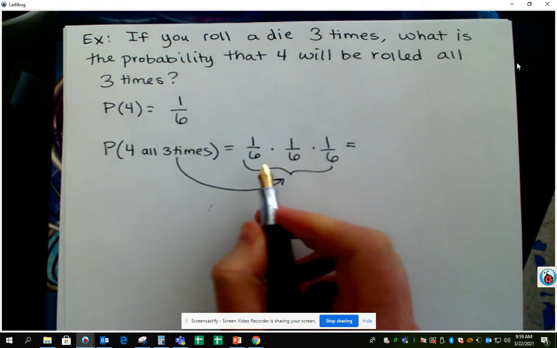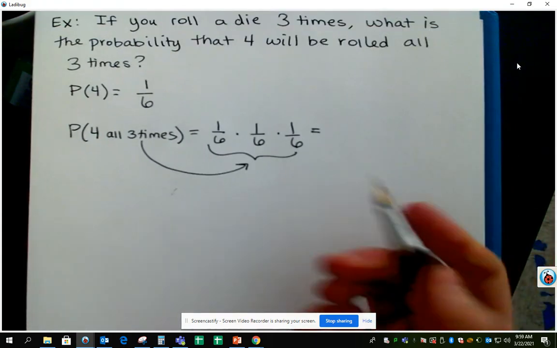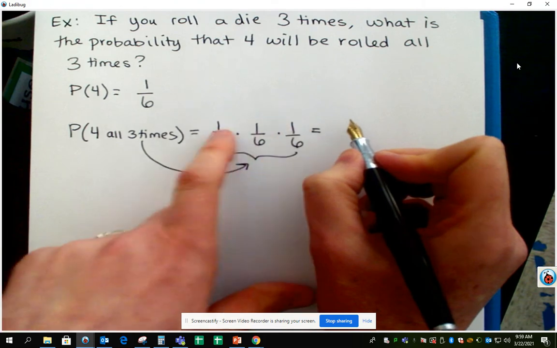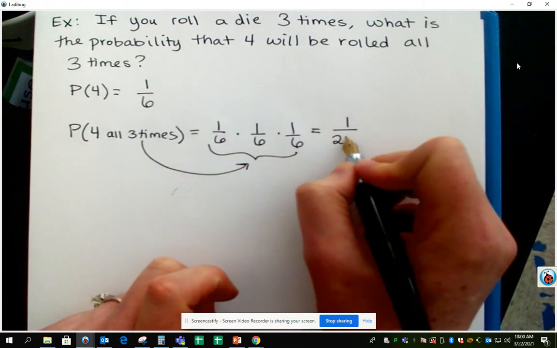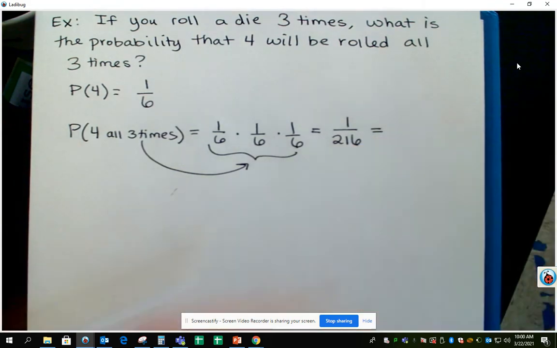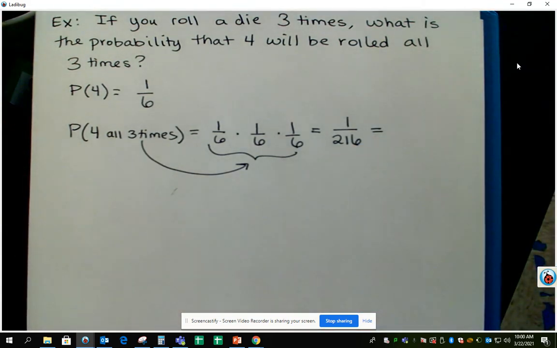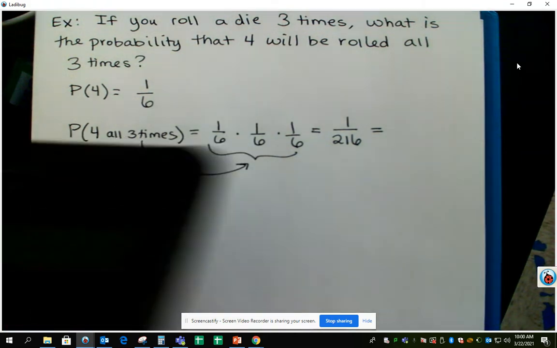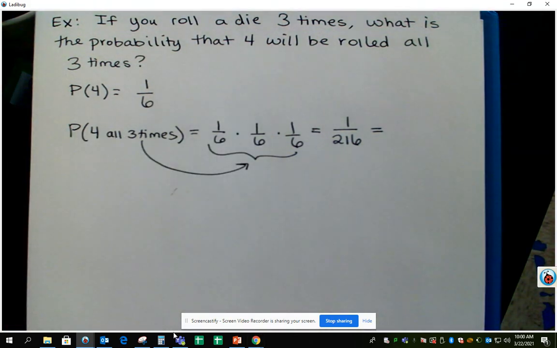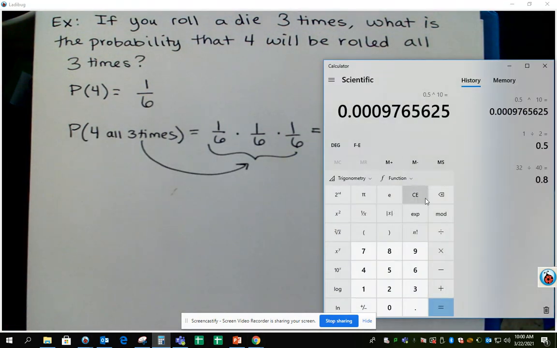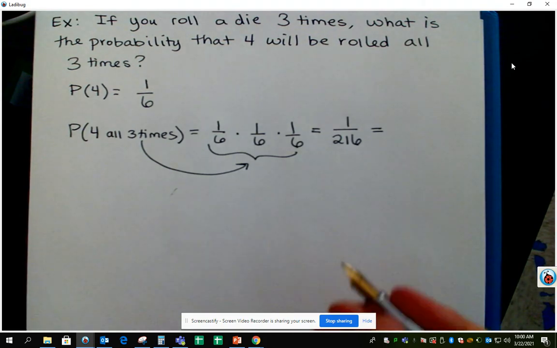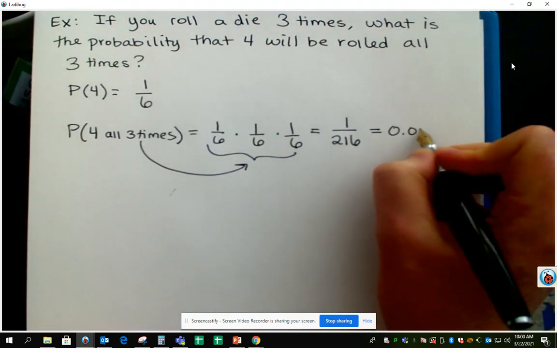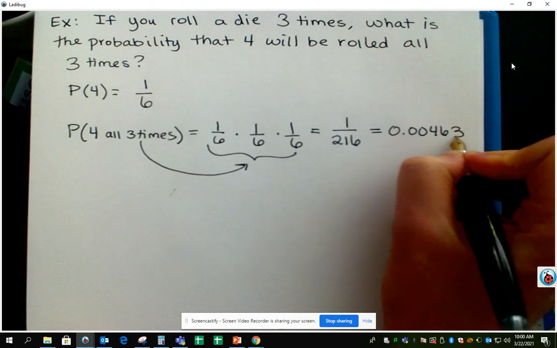Okay, when you've got smaller amounts like this, you can choose. You could do 1 times 1 times 1 is 1, and 6 times 6 times 6 is 216, and then you could divide. Let's see, laptop calculator. So you could do 1 divided by 216, and I get 0.004463.